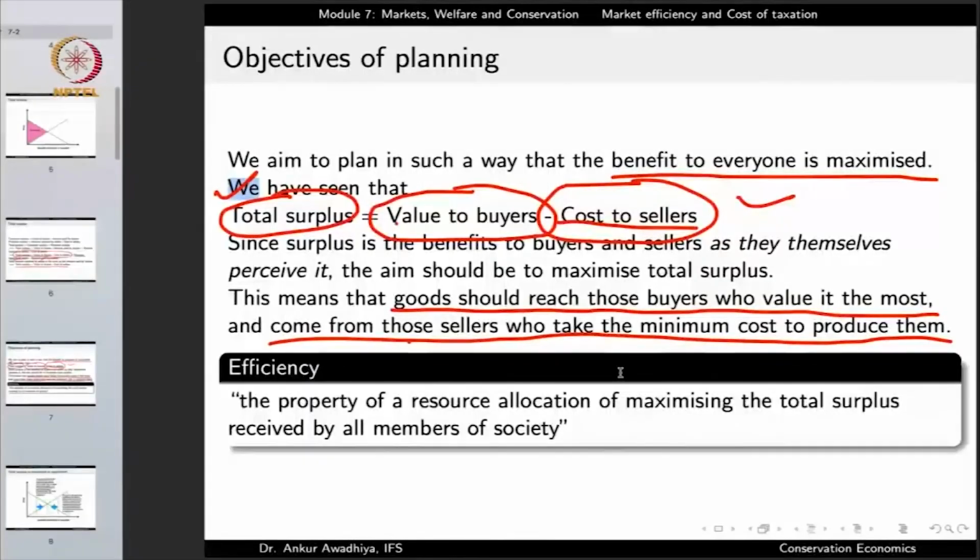And we have seen that the total surplus is maximum when goods go from the sellers that take the minimum cost to produce them to the buyers who value them the most. So in that case, the total surplus is maximized, and then we say that the market is working in an efficient manner.